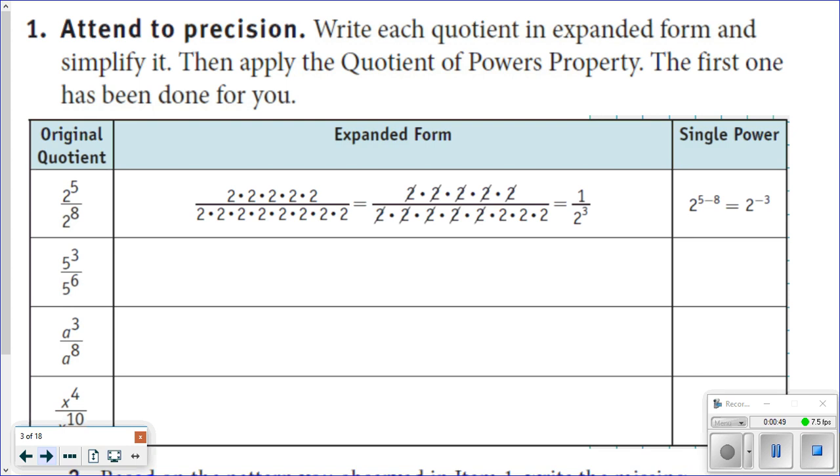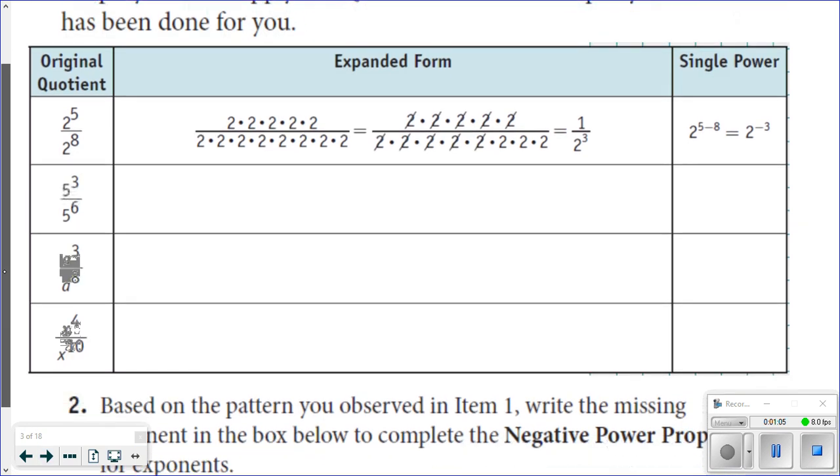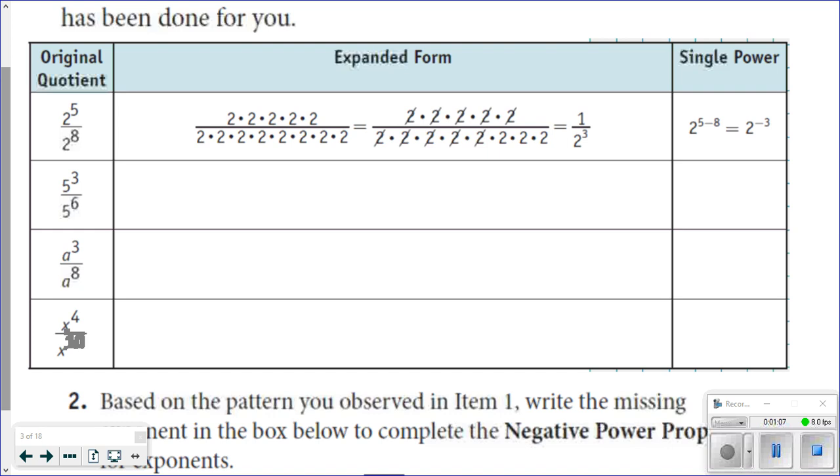So question 1, we see another table, and the directions say write each quotient in expanded form, like we did earlier this week, and simplify it. This first one has been done for us, but let's talk through it.